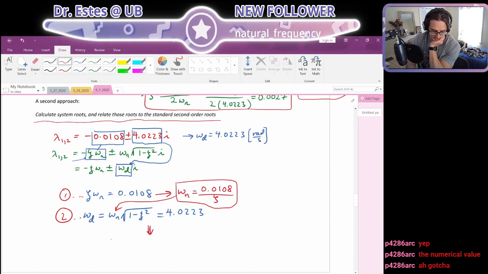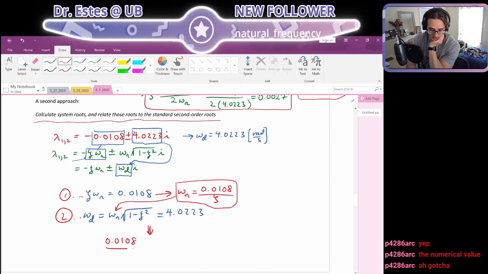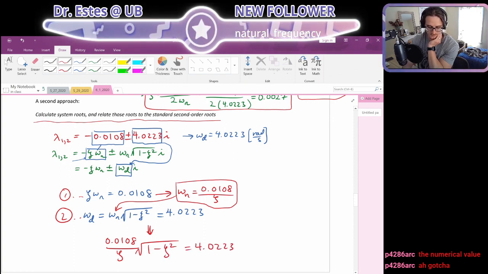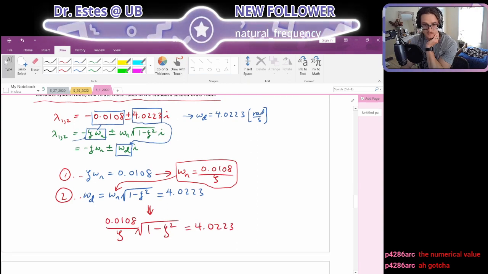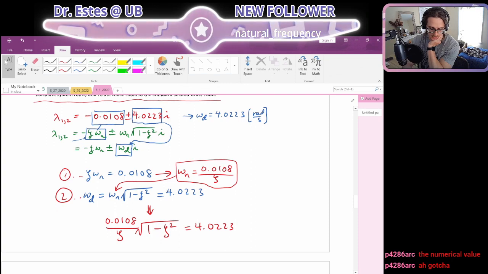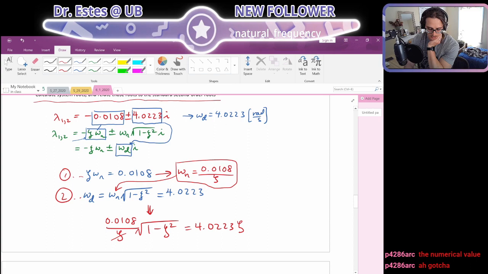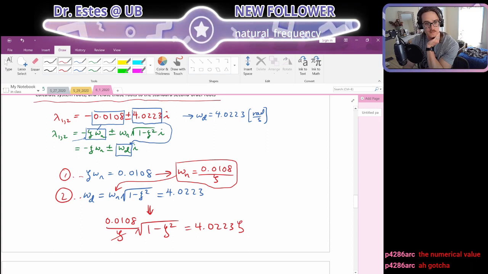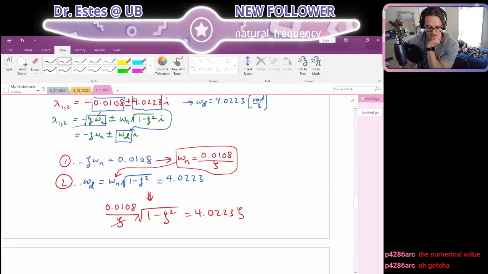And that's going to give me 0.0108 over zeta times square root of 1 minus zeta squared is 4.0223. And you know what? I'm going to multiply both sides by zeta. So I'll bring this over here. And then I'm going to square both sides to get rid of the square root.